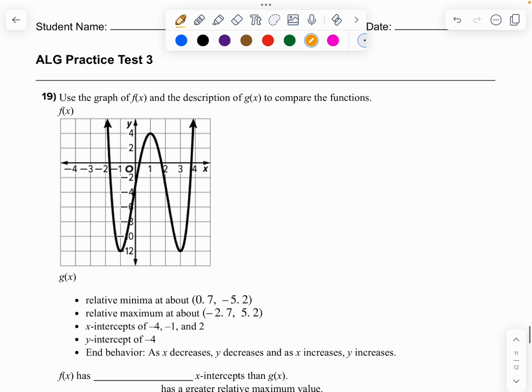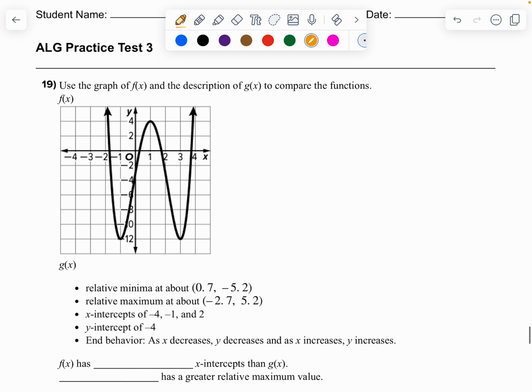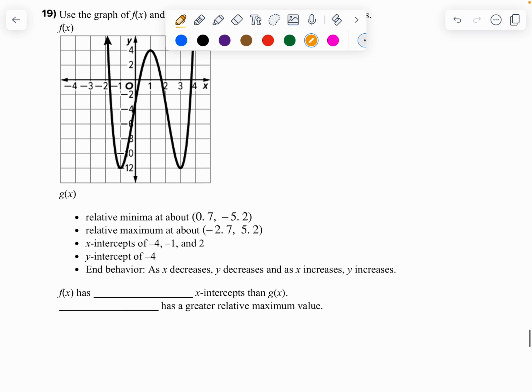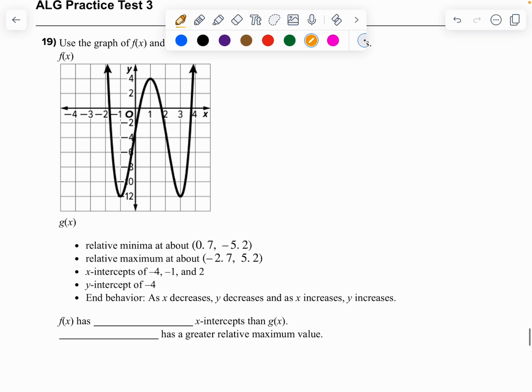Okay. Use the graph. The relative minimum is about 0.7. Oh, sorry. These are two different graphs. So here's my relative minimum.